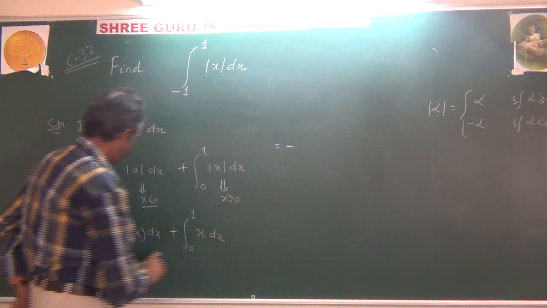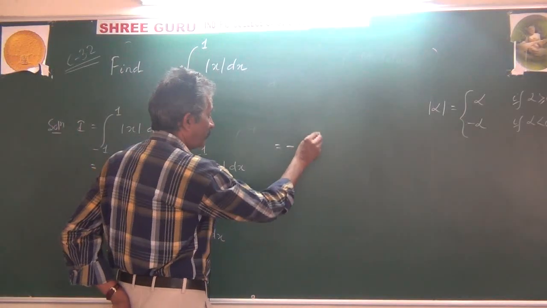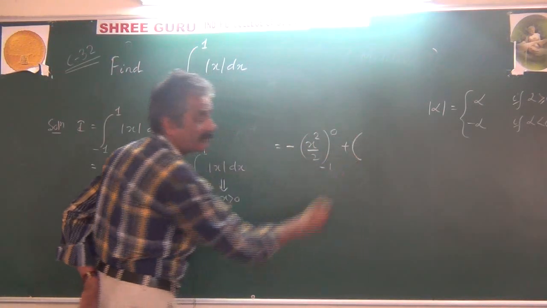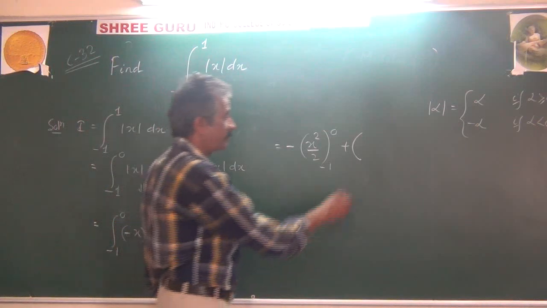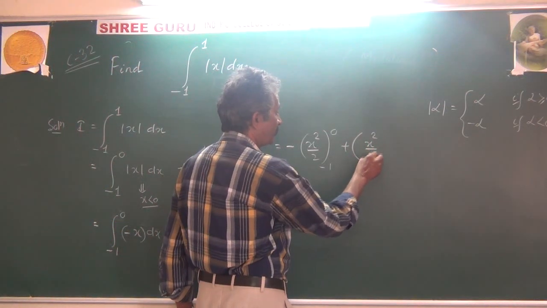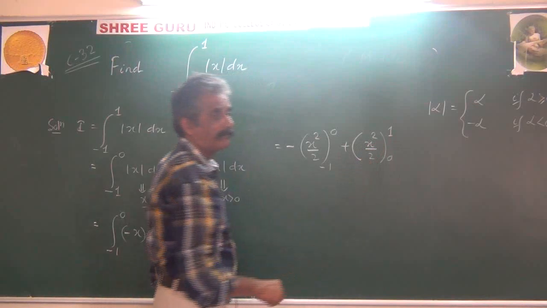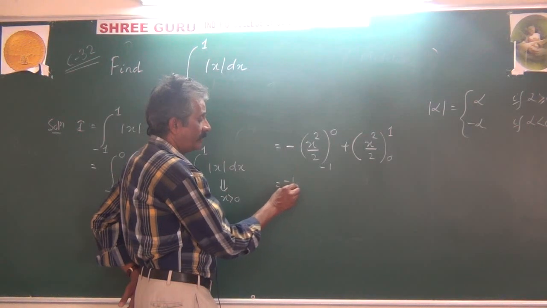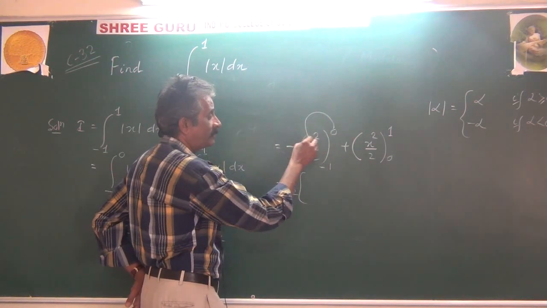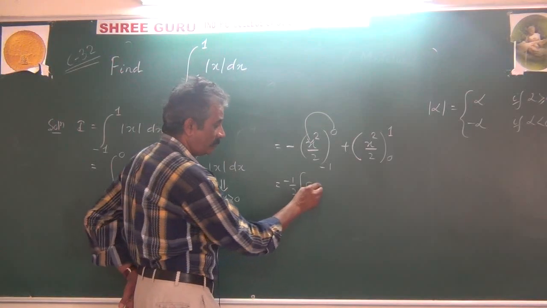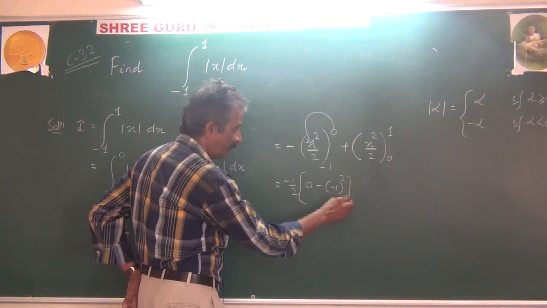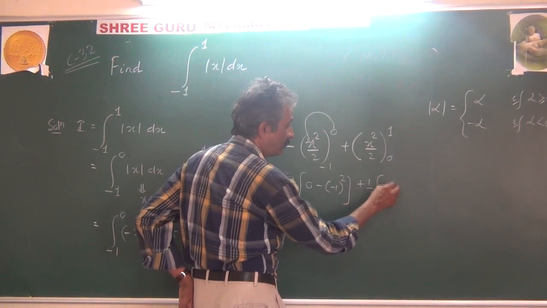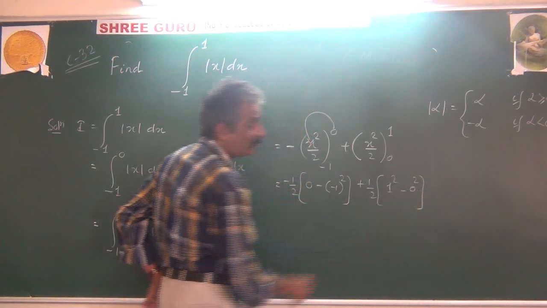Final minus. What is integration of x? x square by 2, limits minus 1 to 0, plus similarly what is integration of x? x square by 2, limits 0 to 1. Minus 1 by 2 into: put upper limit x equal to 0, 0 square, lower limit x equal to minus 1, minus 1 square, plus 1 by 2 into: put upper limit x equal to 1 square, lower limit 0, 0 square.